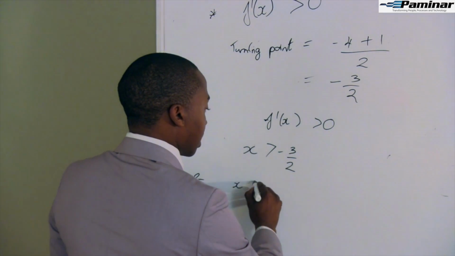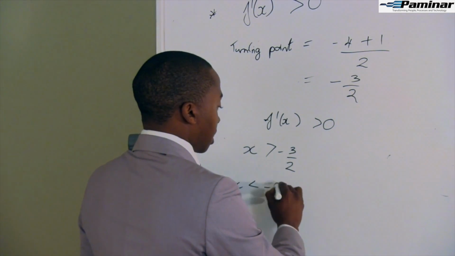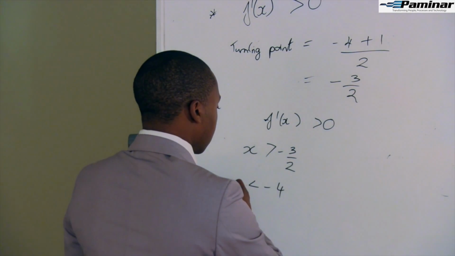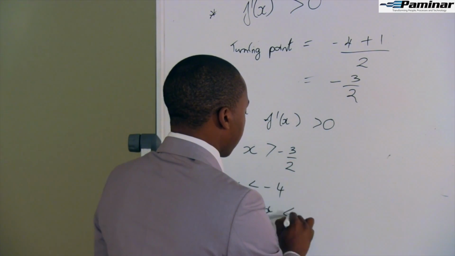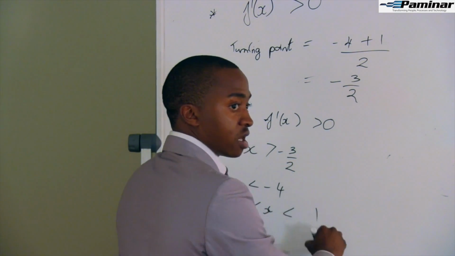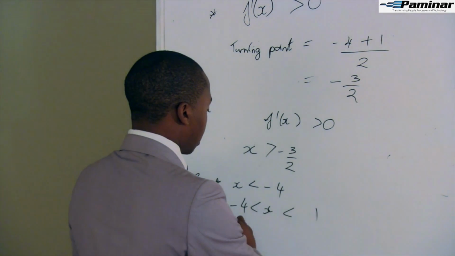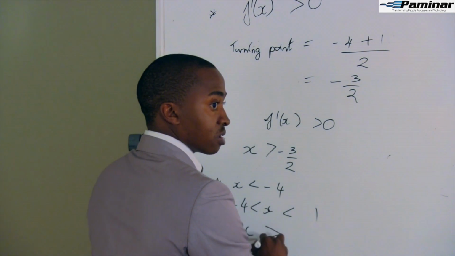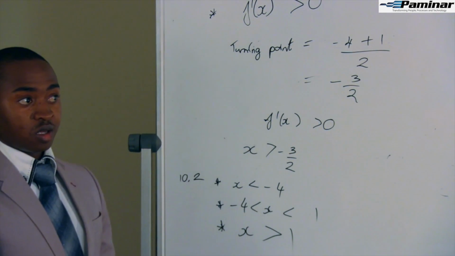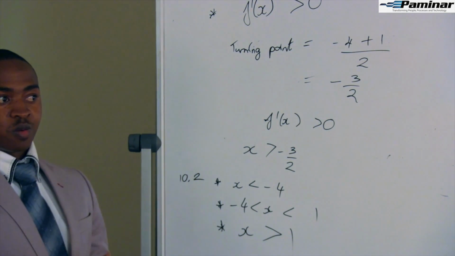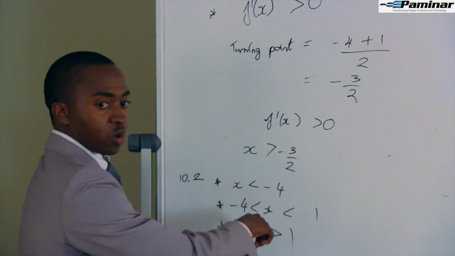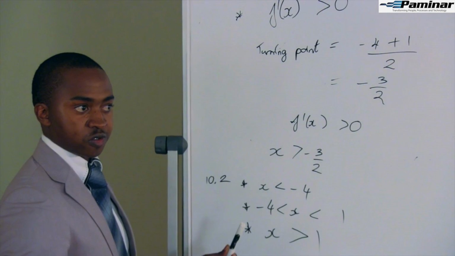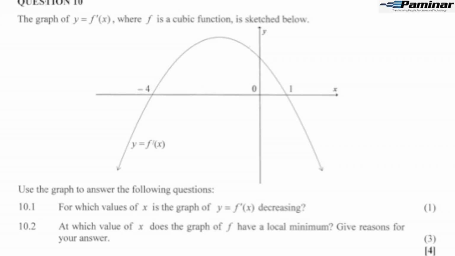You've got the part where x is less than -4, then the part where x is between -4 and 1, and the part where x is greater than 1. So you need to check what's happening in all those three intervals and see where your local minimum might lie.